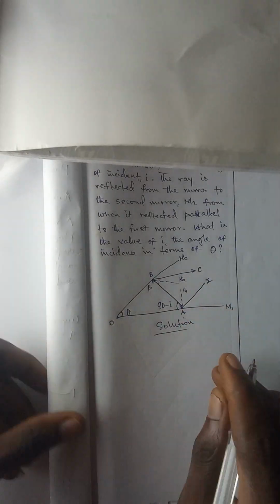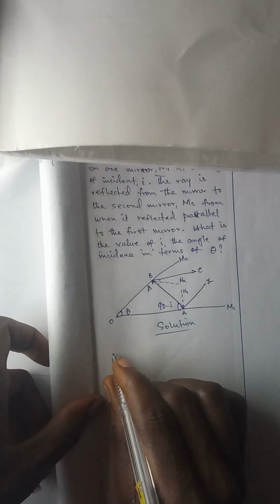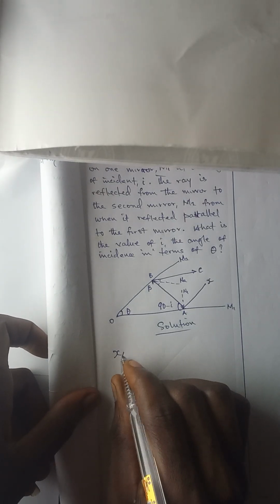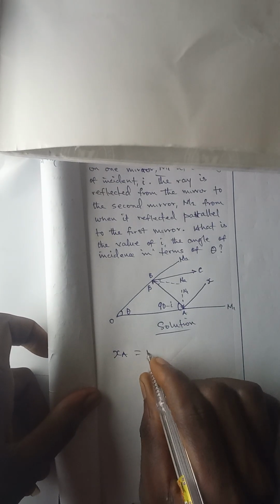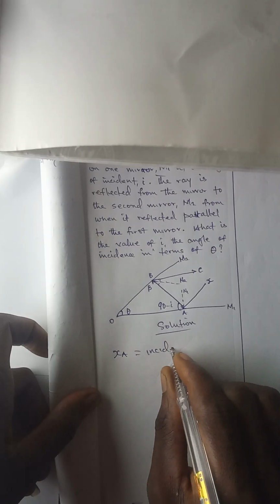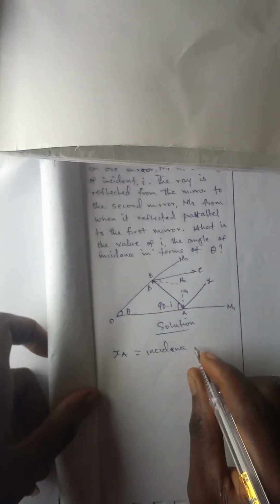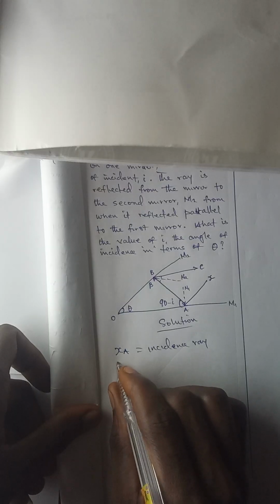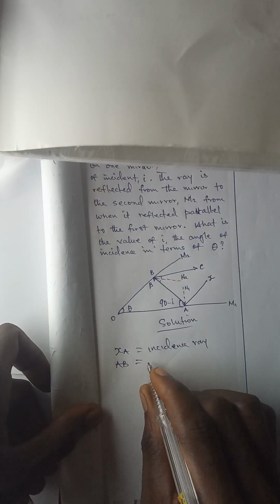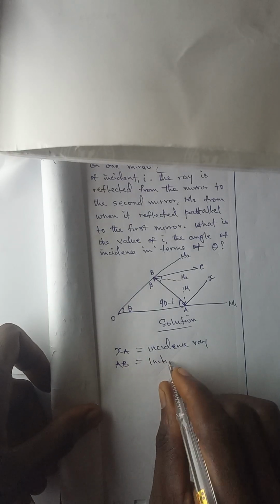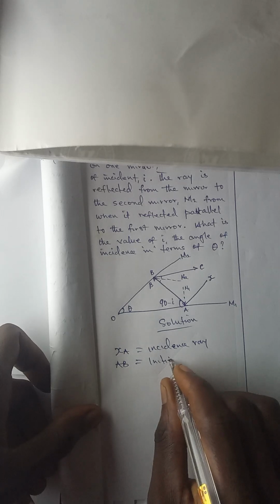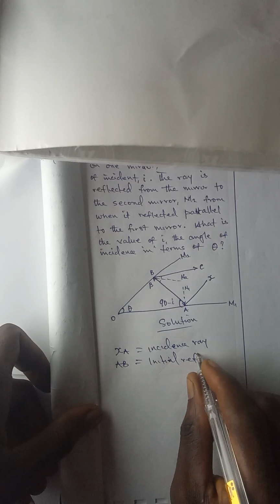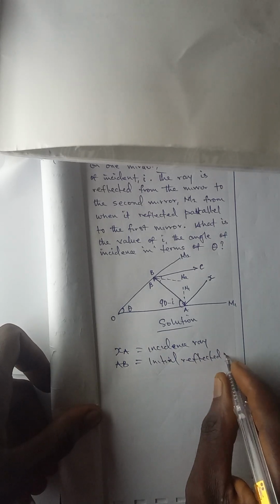Of course, we see that XA is equal to the incident ray. Yes. And you can see that our AB is equal to the initial, that's the first reflected ray.